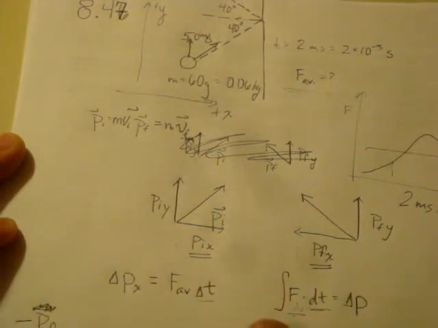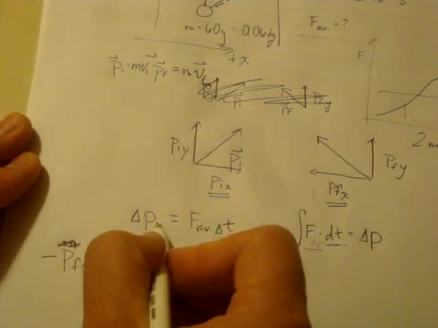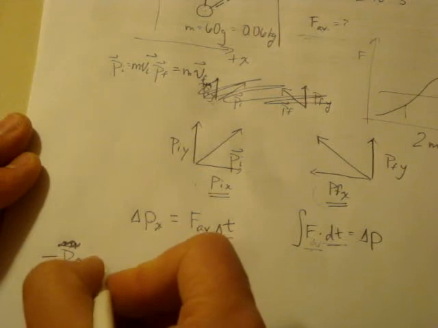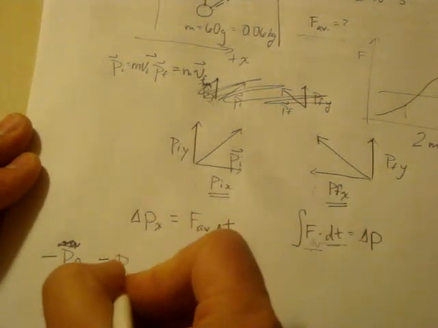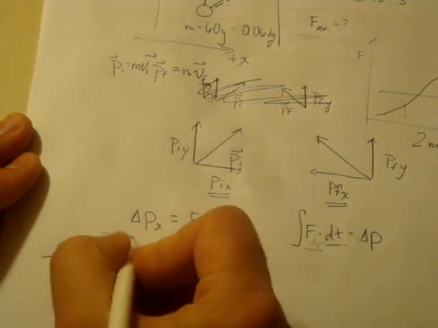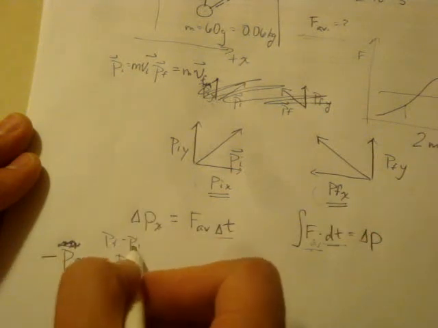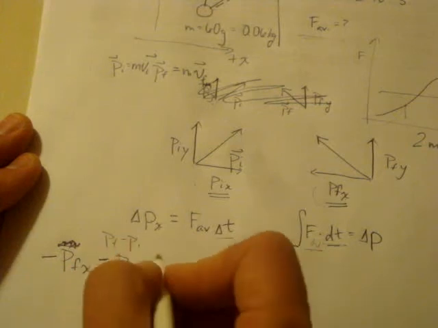Negative p_fx to the left. We'll leave the vectors off because we're only considering the momentum in the x direction. We then subtract the initial momenta, which is p_ix, to the right, so that has a positive sign. This minus comes from p_f minus p_i. And we plug in the value of p_fx, that's a negative value, and the initial p_ix, that's a positive value, so this minus sign stays put.